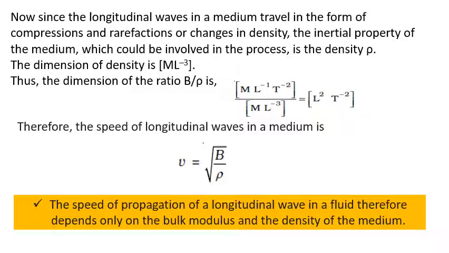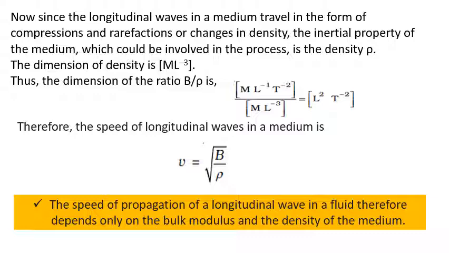Now, since the longitudinal wave in a medium travels in the form of compression and rarefaction or changes in density, the inertial property of the medium involved in the process is the density, having the dimensions ML^-3. The dimensions of B by rho will be ML^-1 T^-2 divided by ML^-3, which means L^2 T^-2.